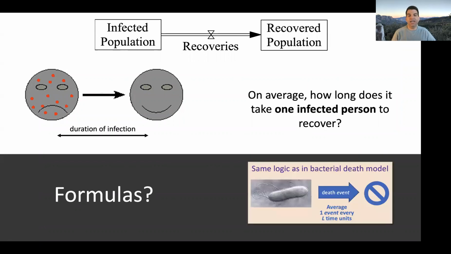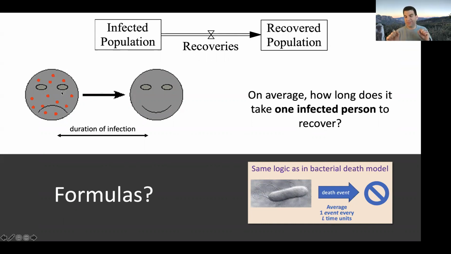And this should remind you of our bacterial model, where the idea is, if I know on average how long it takes for a bacterium to live, then I can build a death flow. And that death flow is going to be based on the total number of bacteria and the average lifetime. It's the exact same thing I'm doing here.